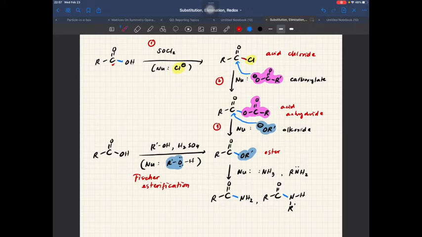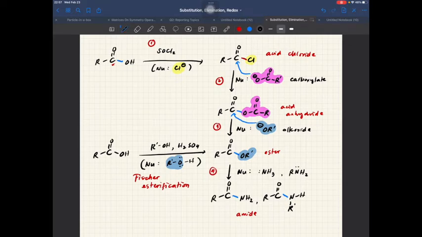The fourth type of reaction is the formation of amides, or the amide functional group. This is what they call an amide functional group. In this type of reaction, we have a nucleophile that is either ammonia or an amine. These are your nucleophiles in this type of reaction.